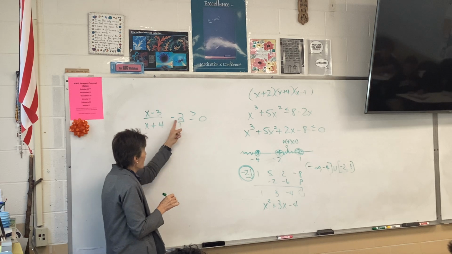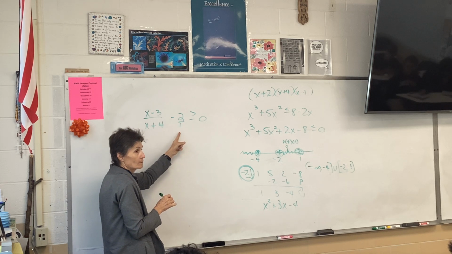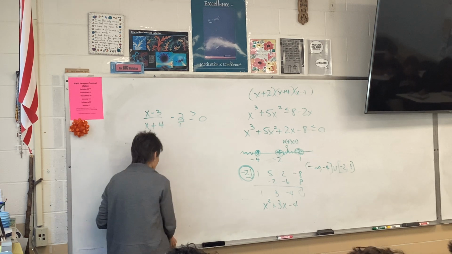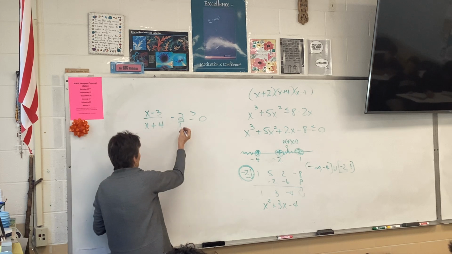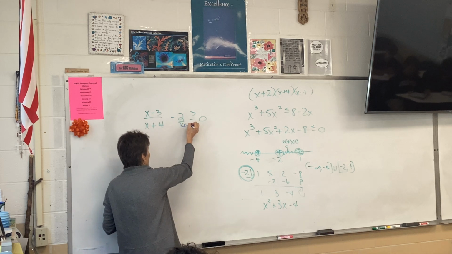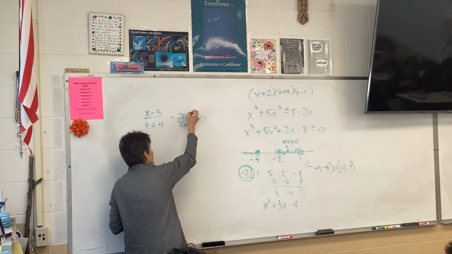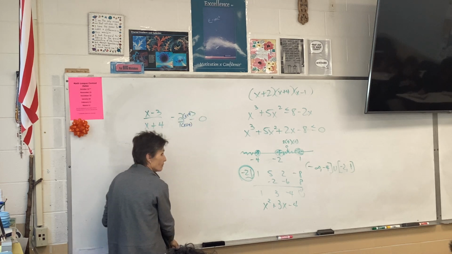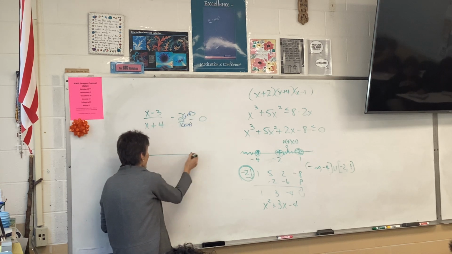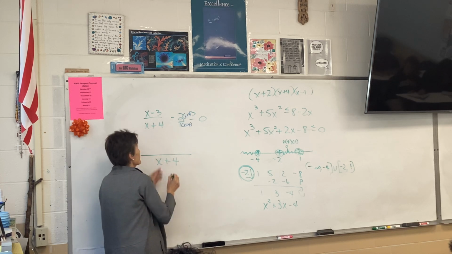So when I subtract this 2 over, now I'm going to need to get a common denominator. So x plus 4, x plus 4. My denominator is x plus 4.